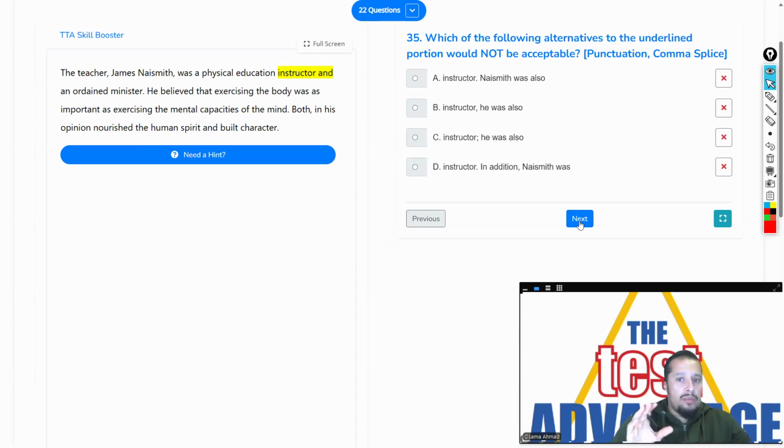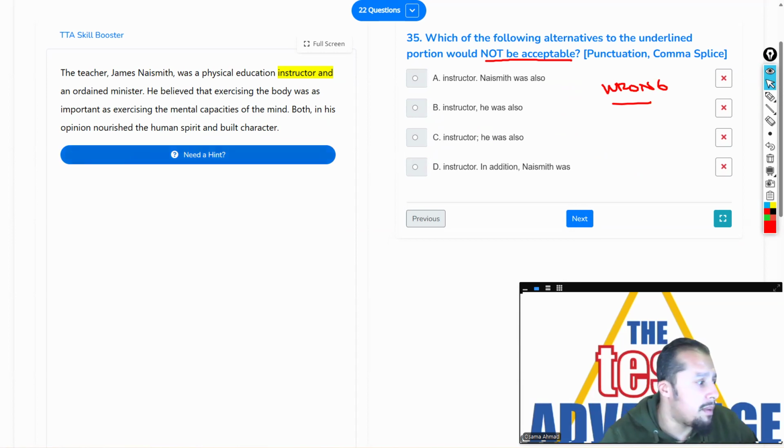Okay? Question number 35. Which one is not acceptable? So they're asking here which answer is wrong. I want you guys to try this on your own. Send me the answer in the chat.